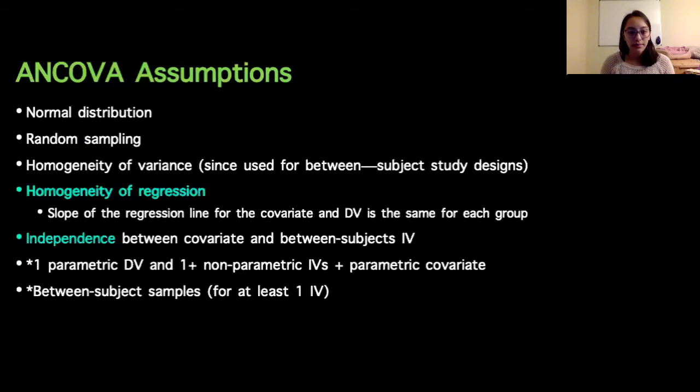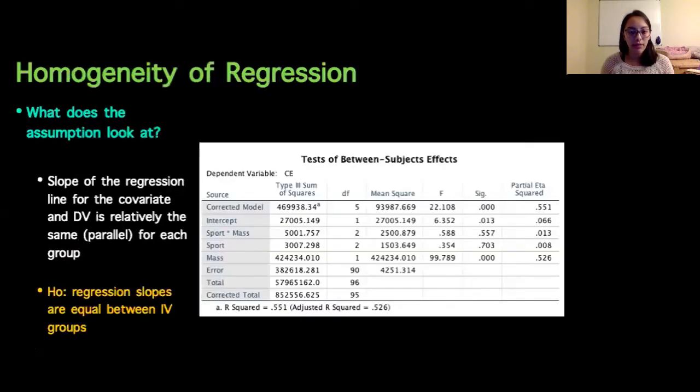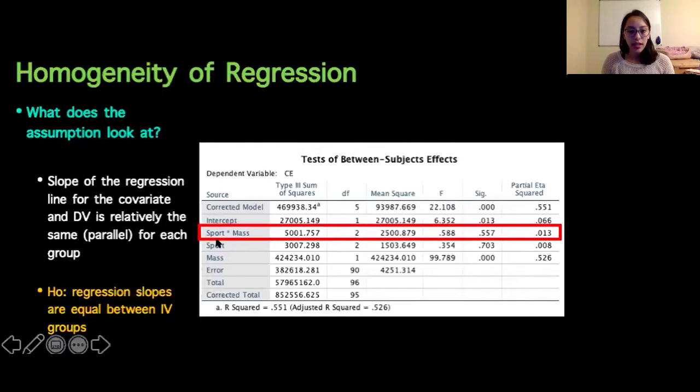All right, so going into the homogeneity of regression, this assumption is run by itself in its own test. Basically what it looks at is the interaction effect, which I have highlighted in here. It looks at the interaction effect between your independent variable and your covariate, okay?